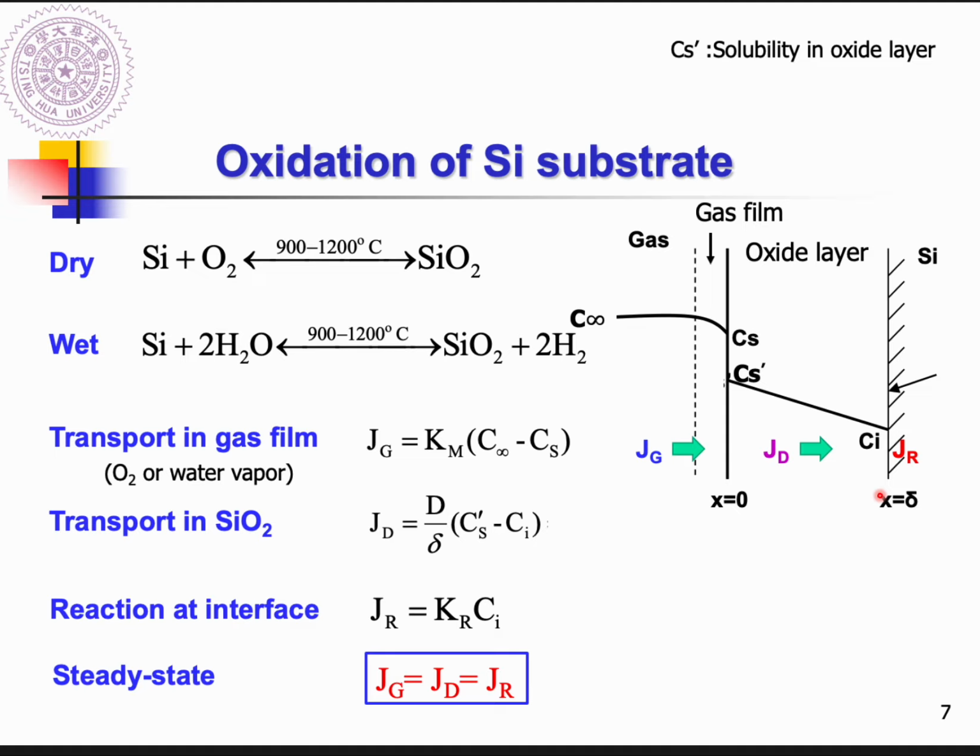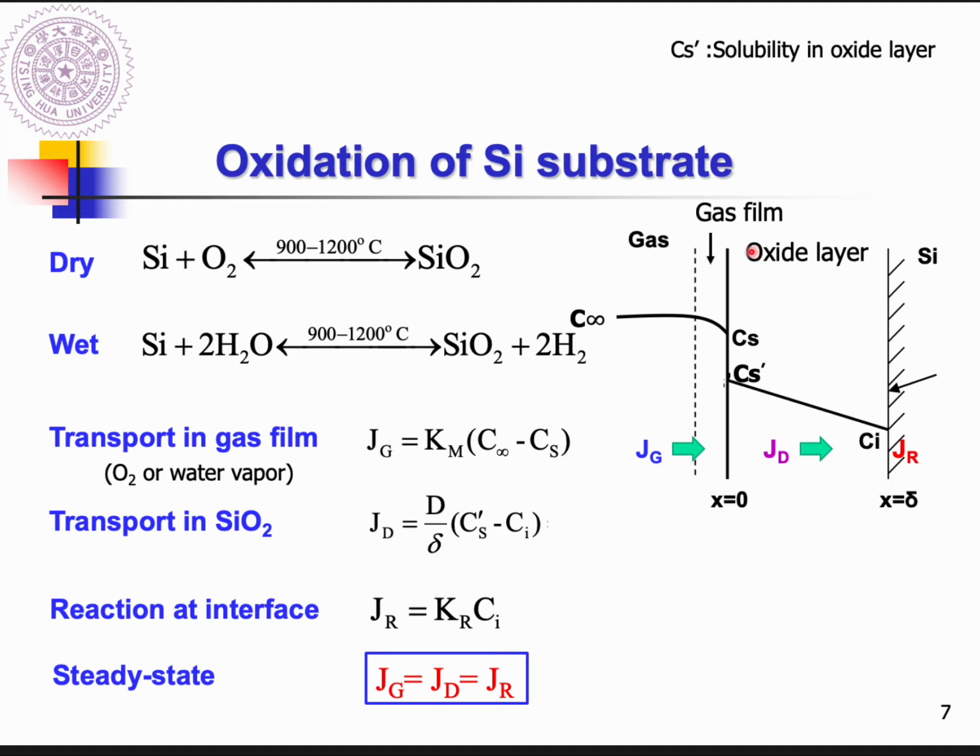So based on these descriptions, we know the driving force will be related to here, right? And we need to assume the flux reaches steady state. So Jg equals Jd equals Jr. Let's formulate Jg, the transport flux of oxygen in the gas film.